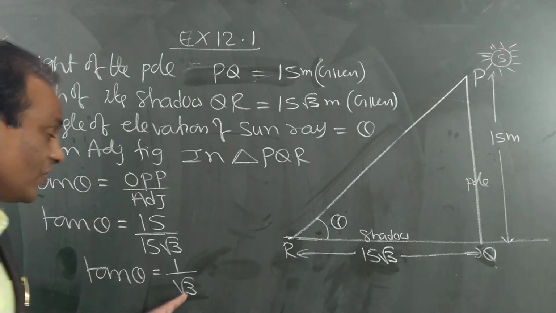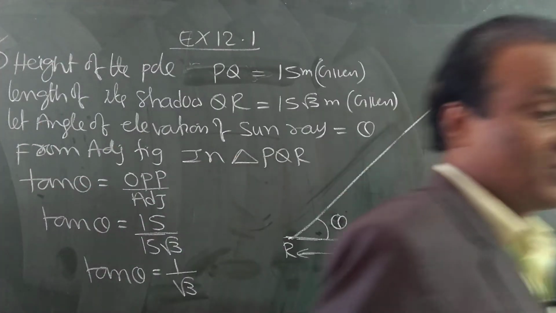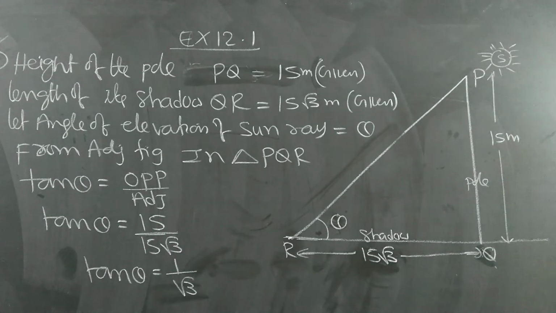Now tell me when you will get 1 by root 3 for tan. When will tan be 1 by root 3?